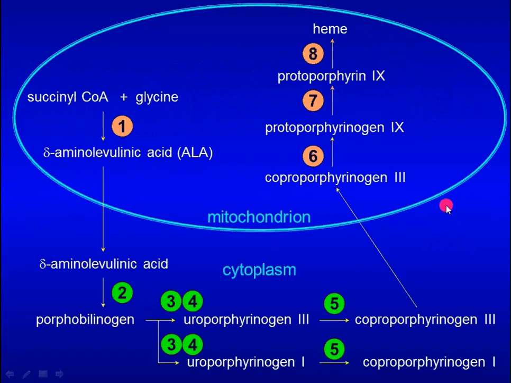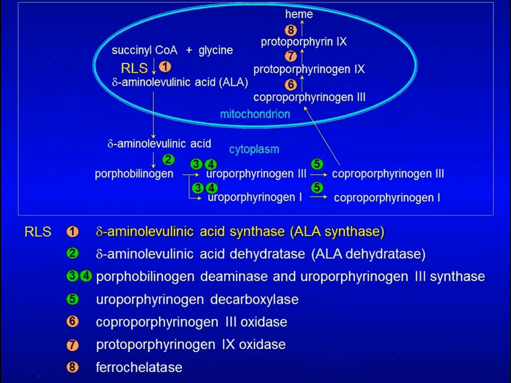This is an overview of heme biosynthesis. The first step and the last 3 steps take place in the mitochondria. The remaining 4 steps occur in the cytoplasm. Here are enzymes involved in heme biosynthesis. ALA synthase is the rate-limiting enzyme.